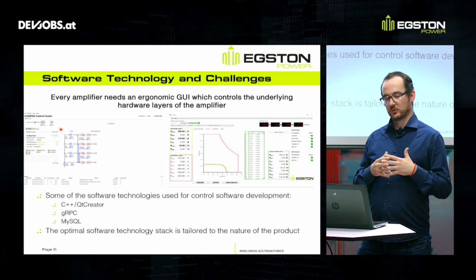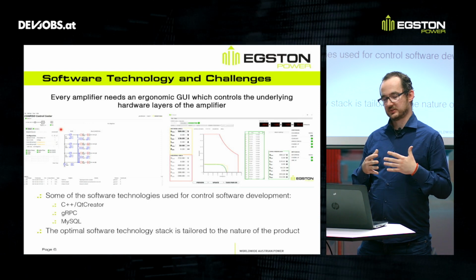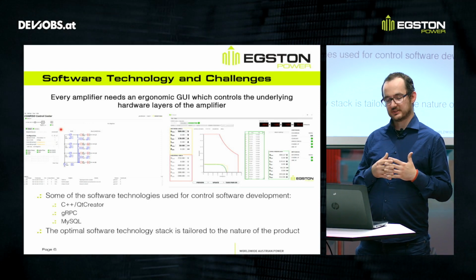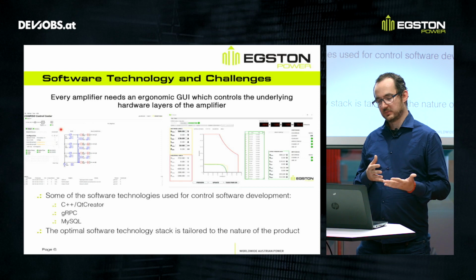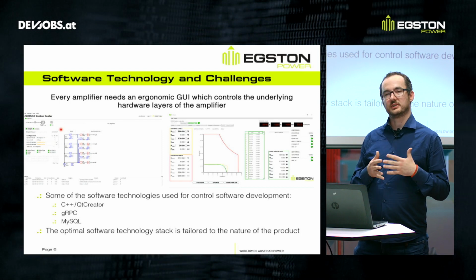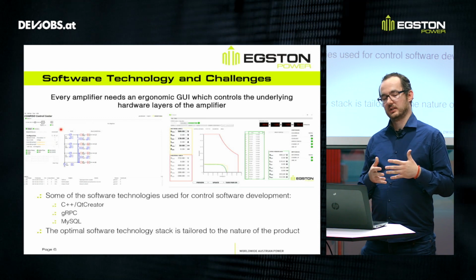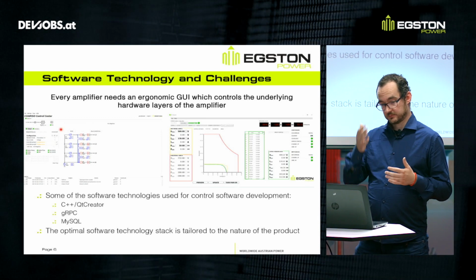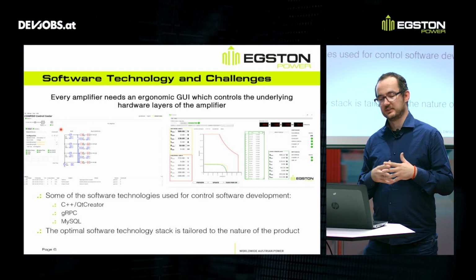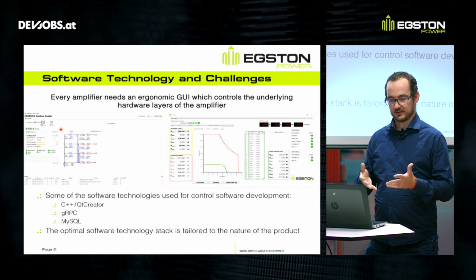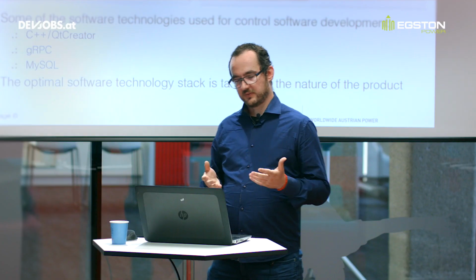However, EGSTON also offers a scripted way of controlling the system, where the user can automate certain procedures by using an API to the system without the need to open the graphical user interface and interact with it in the classical way.